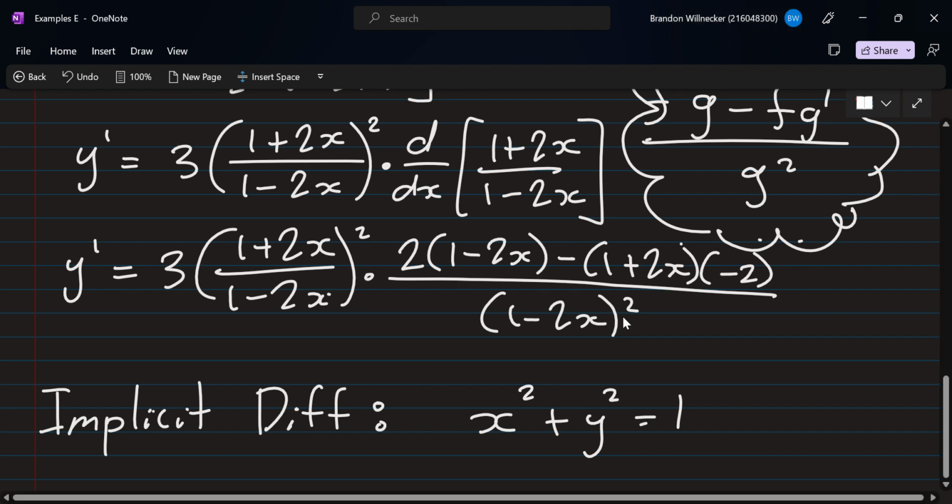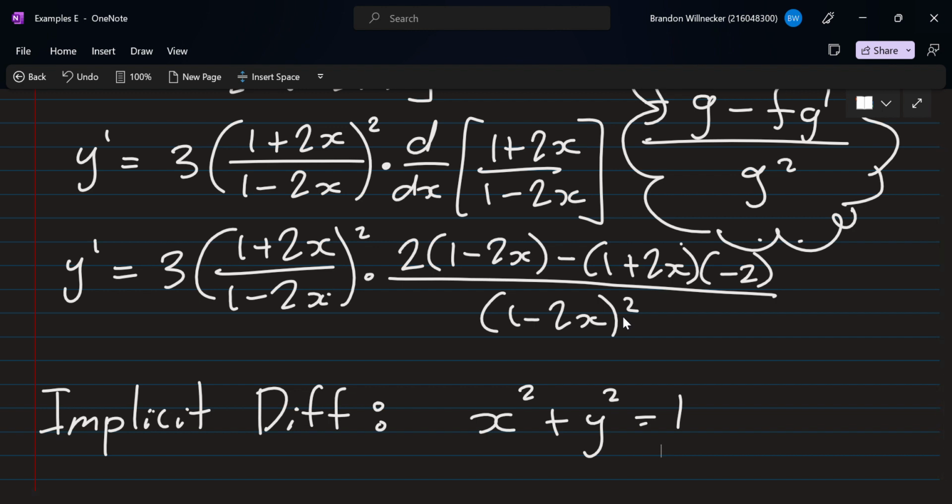Just by looking at this, it's not too clear what is a function of what. x could be a function of y, or y could be a function of x, we don't really know. So in fact, the functional form is implied. We just assume that y is a function of x, and since we have y squared, we have a function in another function, because y is a function, and then it's being squared. So we're going to have to use the chain rule.